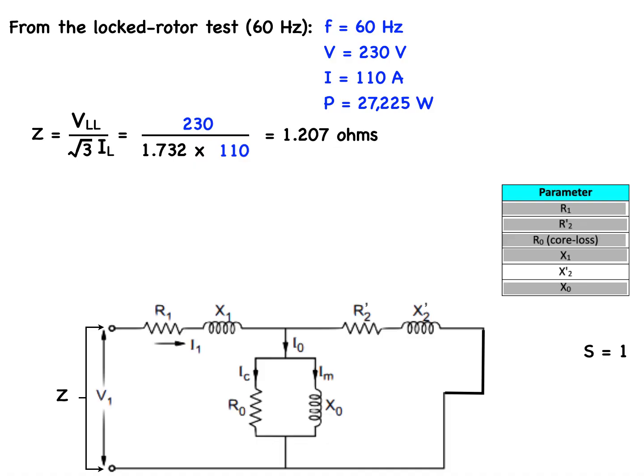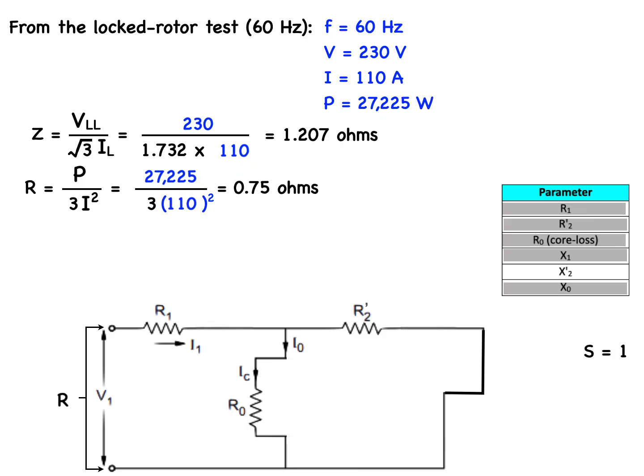The total resistance is given by this equation. R is equal to the power dissipated, P, divided by 3 times the current squared, which is equal to 27,225 divided by 3 times 110 squared, and that's equal to 0.75 ohms.